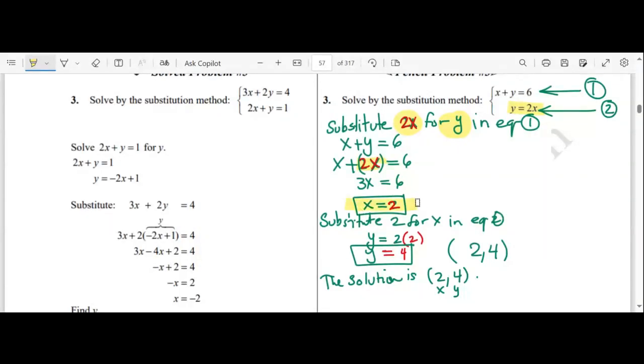So x equals how much? 2. Very good. Take the 2 and replace it in the second equation. So how much is y? 4. That's it. Straightforward. Simple and easy. You get 2 and 4 as your solution set. Clear? Move on.